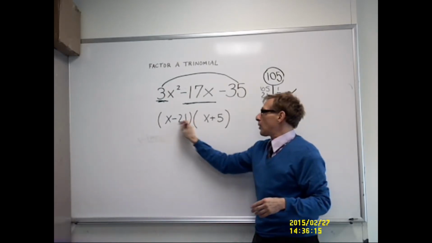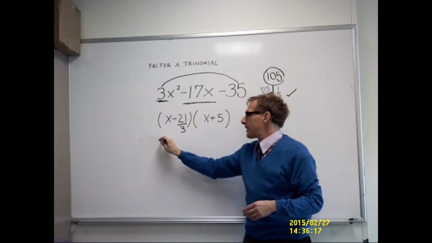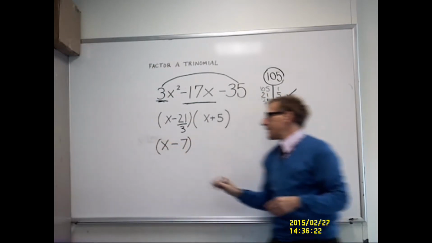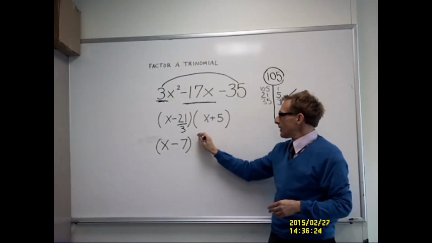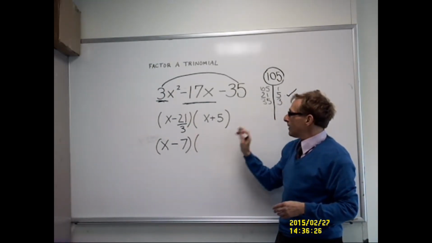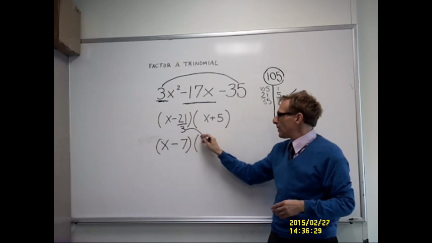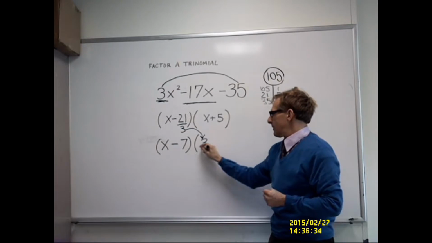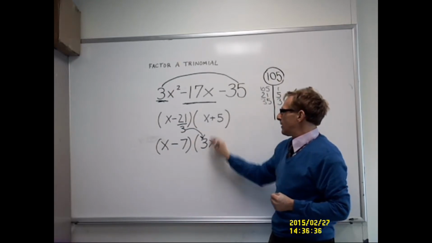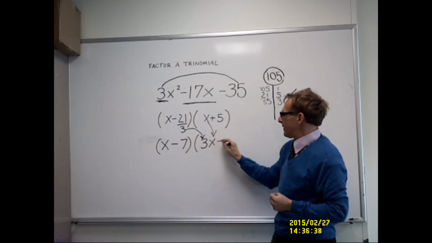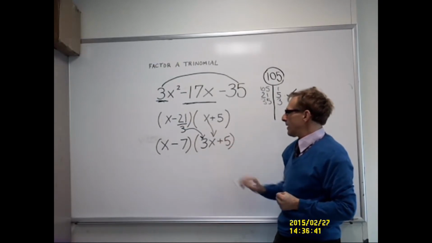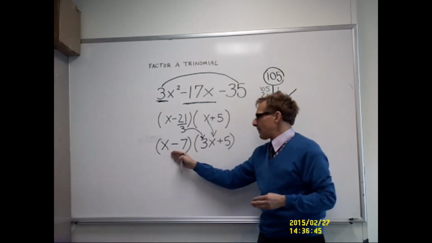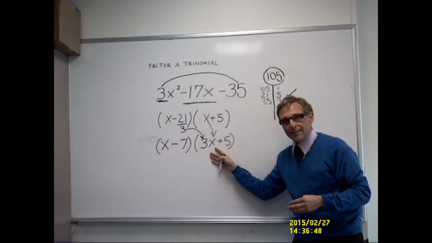It would be the 21. 21 divided by 3 is 7, which gives me x minus 7. And that 3 now has to jump to the other parenthesis below next to the x. And so our two factors, x minus 7 and 3x plus 5.